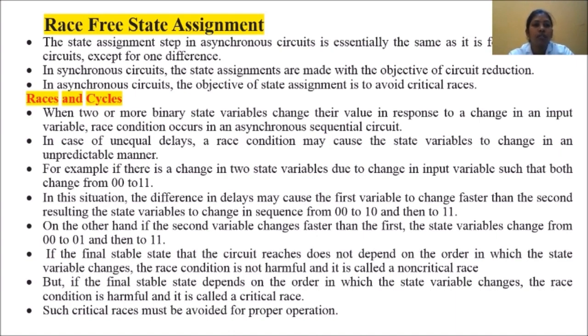So we have to find out from the situation where the races occur. For example, a change in two state variables due to a change in input variables such that both change from 0, 0 to 1, 1. In races, we have two types, critical as well as non-critical races. Critical races may be harmful, so they must be avoided for proper operation.